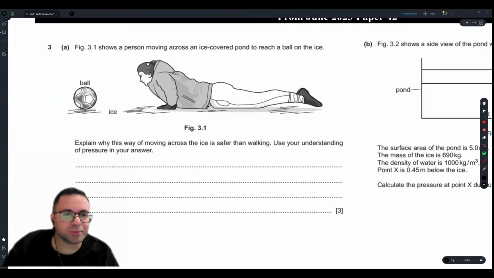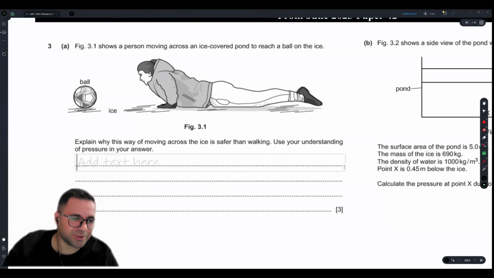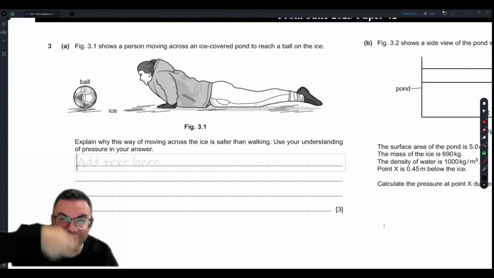Figure 3.1 shows a person moving across an ice-covered pond to reach a ball on the ice. I don't want the ball. Explain why this way of moving across the ice is safer than walking. Use your understanding of pressure, meaning write down the equation of pressure.